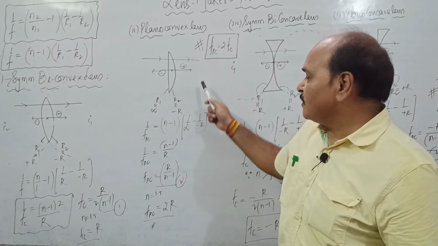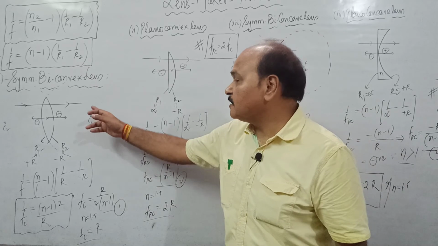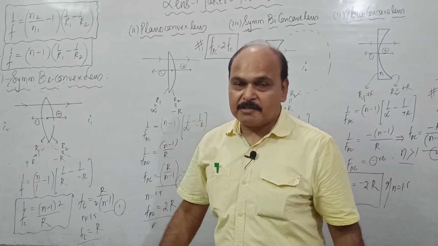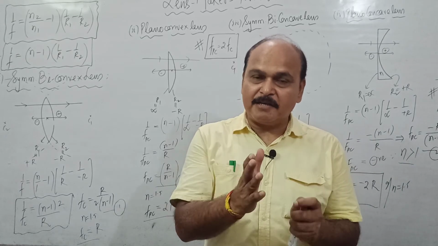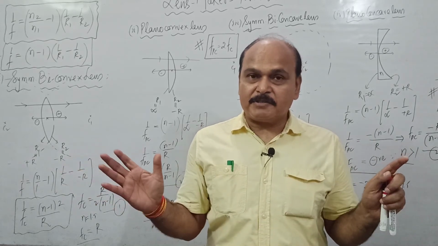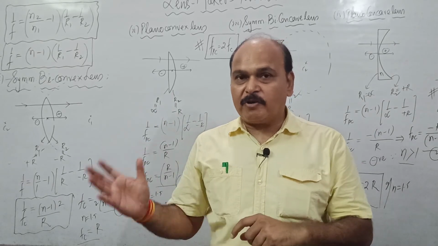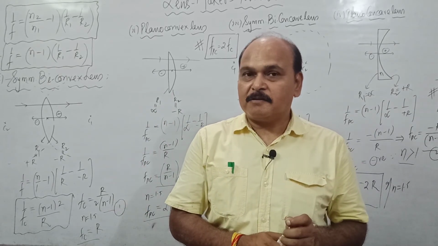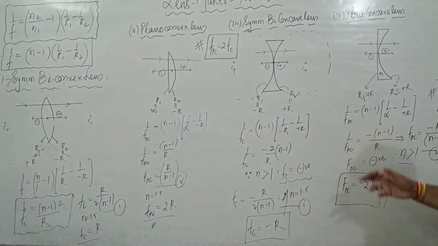It becomes plano convex lens, and the focal length of plano convex lens is twice the focal length of its corresponding biconvex lens. So if we cut a symmetrical biconvex or concave lens such that the two cut halves are plano convex or concave lenses, then the focal length is what? Doubled.